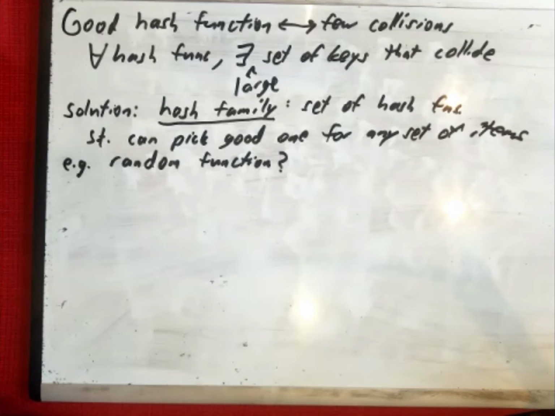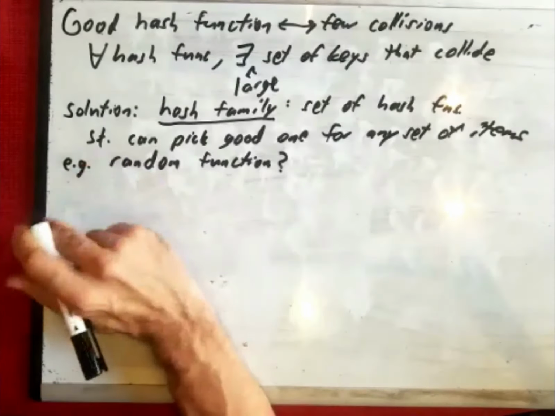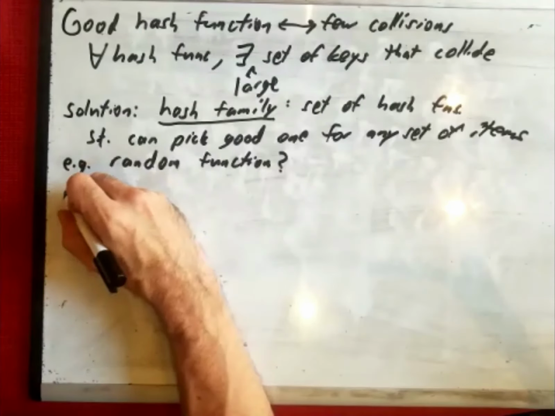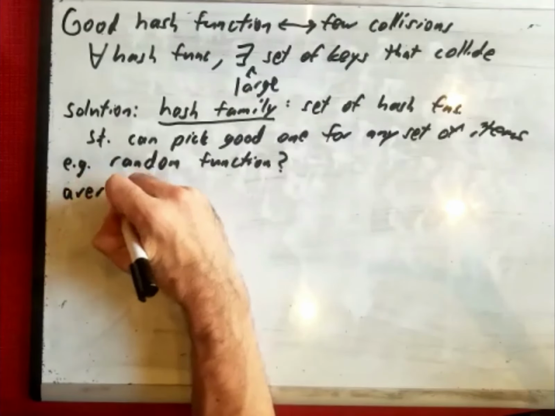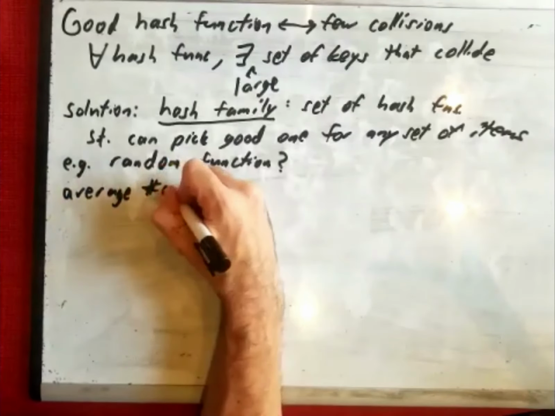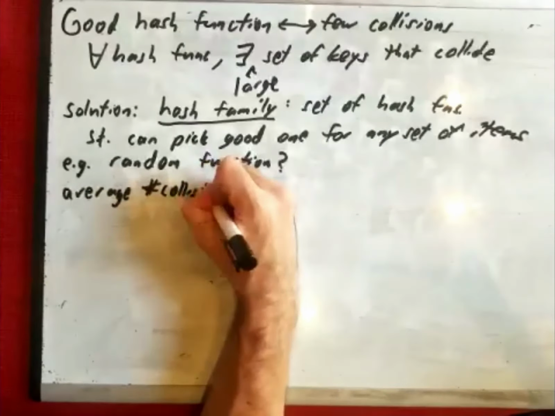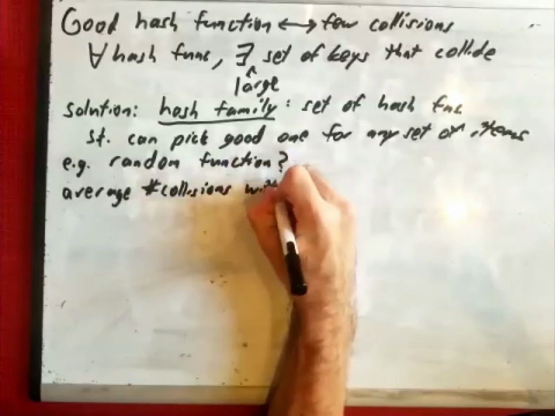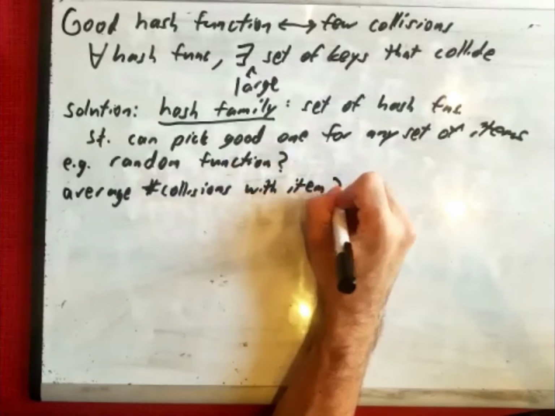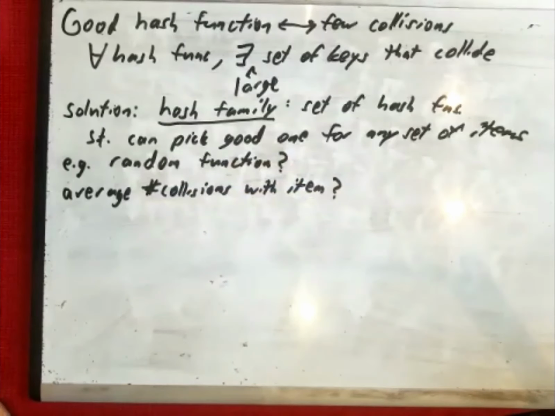So the intuition is that any two items are unlikely to collide. And if any two items are unlikely to collide, it just seems that there won't be that many collisions. Okay. And let's explore that. Let's ask about the average number of collisions with a given item. And to do that, I'm going to have to introduce some of our probability concepts and notation.